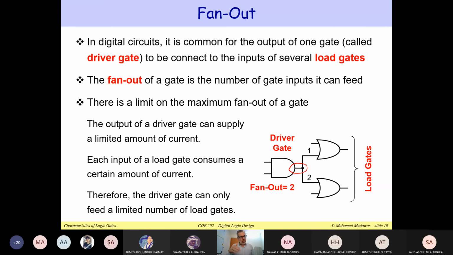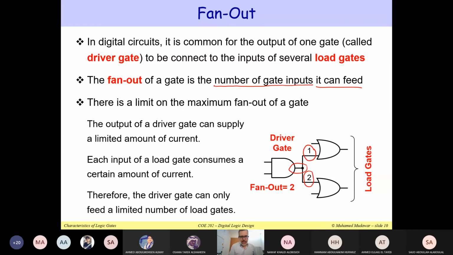But you look at how many gate inputs this output is connected to. So the meaning of fan out is the number of gate inputs that a gate is feeding. Yani, for example, this AND gate's output is connected to the inputs of 2 OR gates.